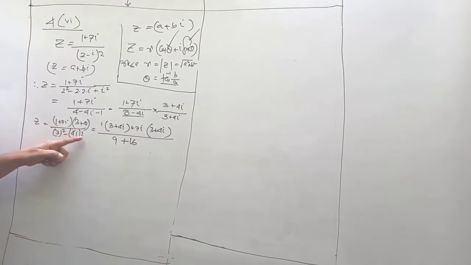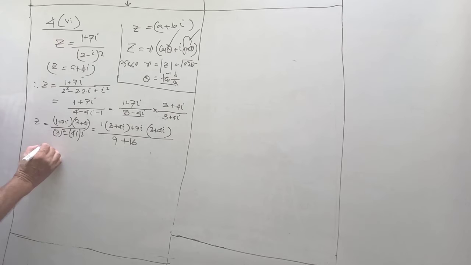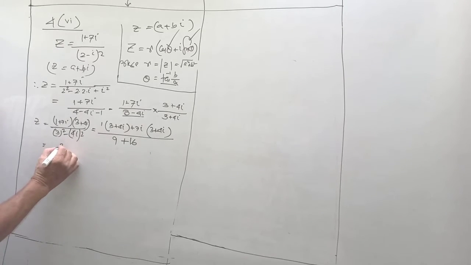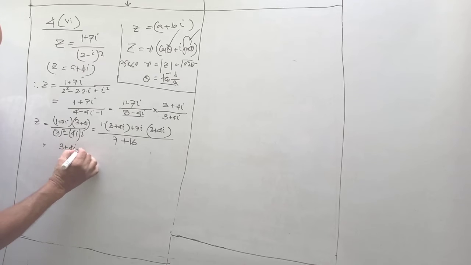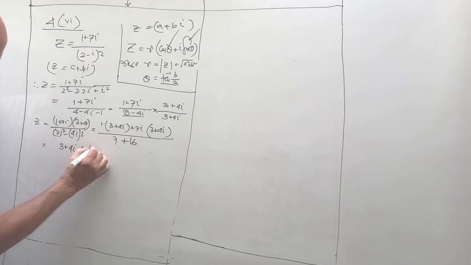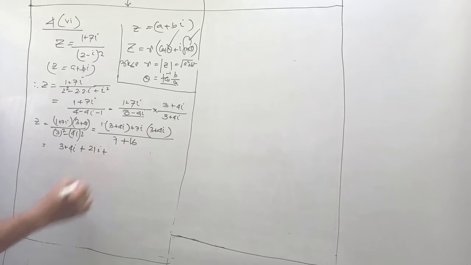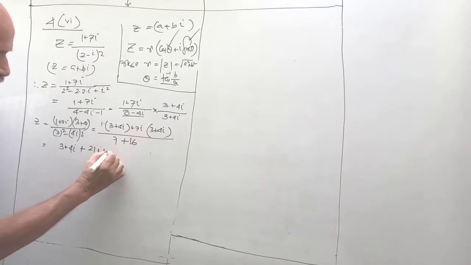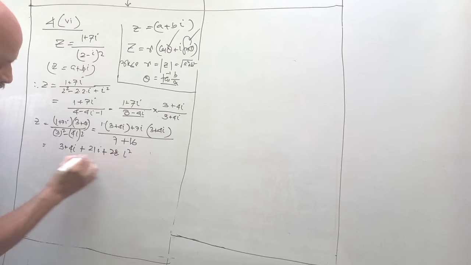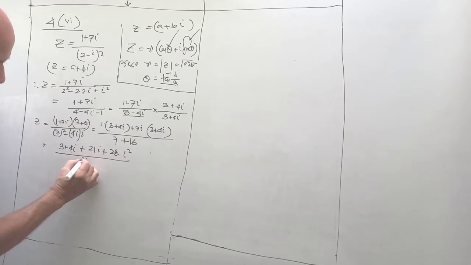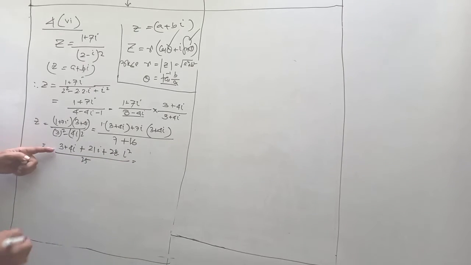Well, how? i square equal to minus 1. So we are getting here 3 + 4i + 21i + 28i² divided by 25.